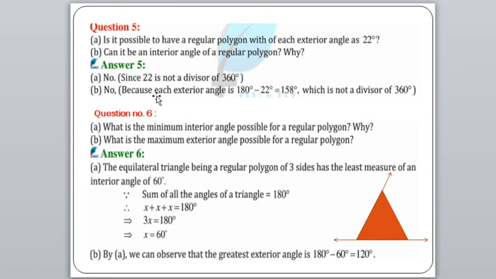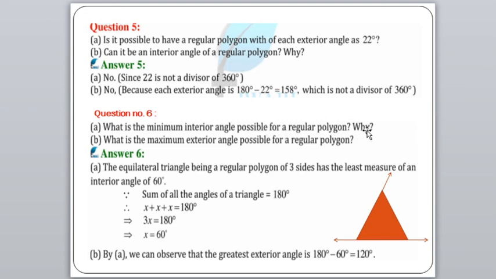So no, because each exterior angle is 180 minus 22 equals 158 degrees, which is not a divisor of 360 degrees. 158 is also not a divisor of 360, therefore it is also not possible to have it as an interior angle.